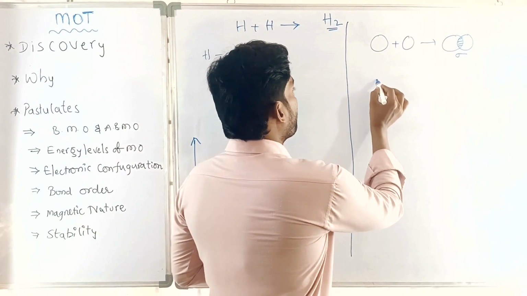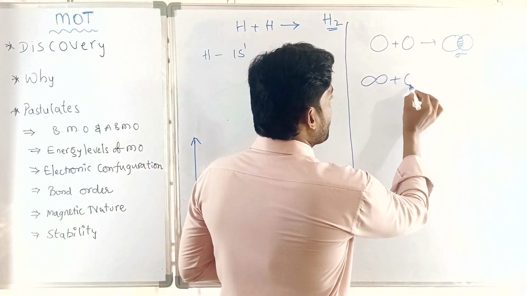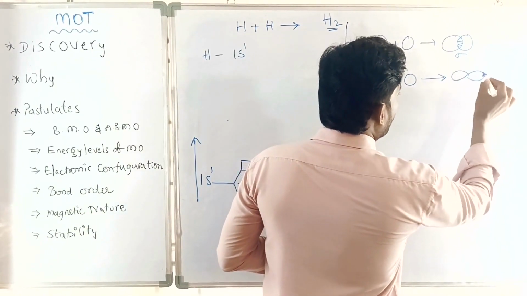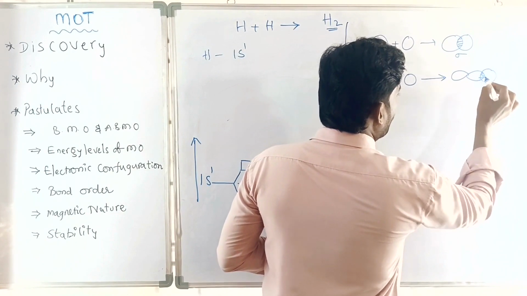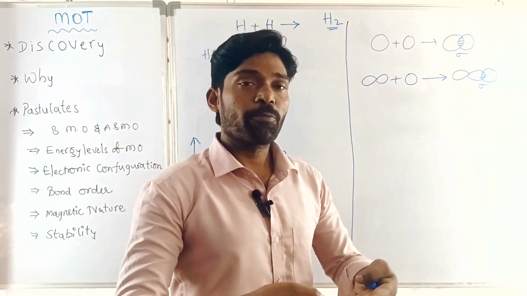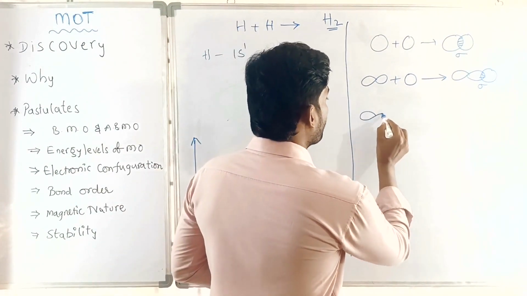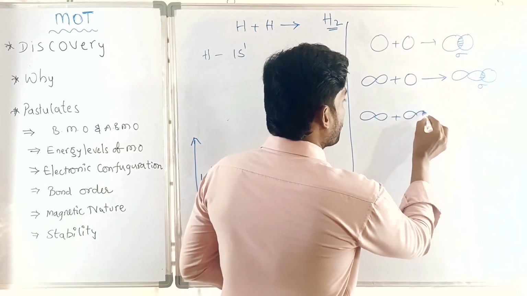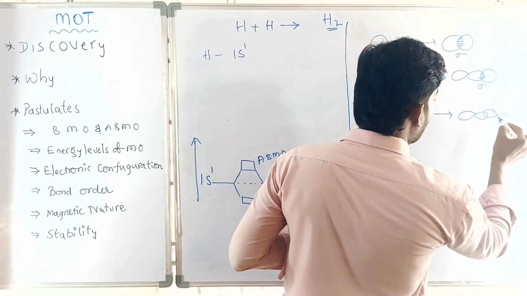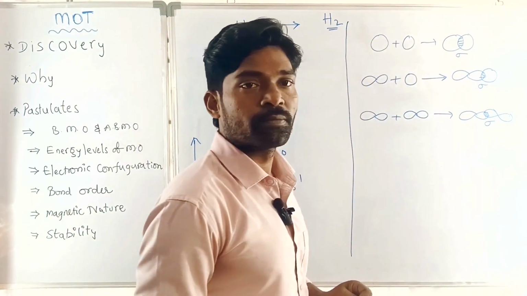When a p orbital, a dumbbell, and an s orbital mix, they also give a sigma bond only, because the s orbital overlaps with the p orbital head to head. If a p orbital and another p orbital combine in a head-to-head fashion, that also gives a sigma bond.